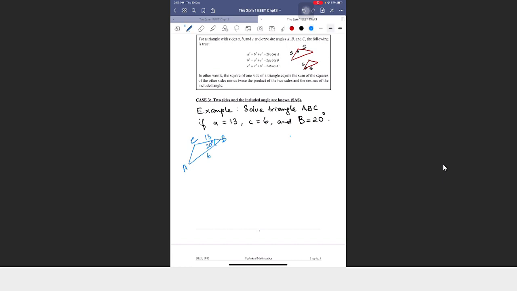So our first step is to find B by using the law of cosines.